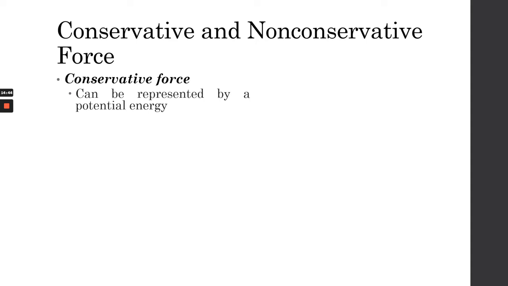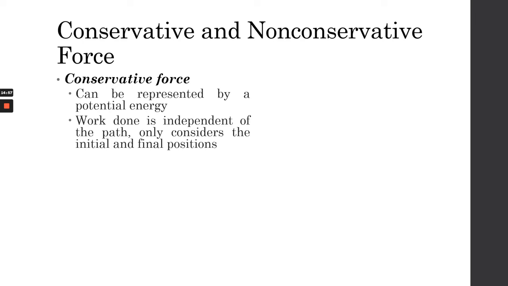The reason for that is because work done in conservative forces is independent of the path. It only considers the final and the initial position of the system, or in this case, of the object.